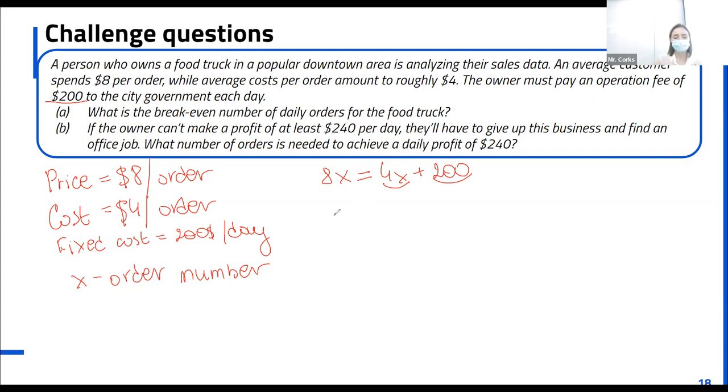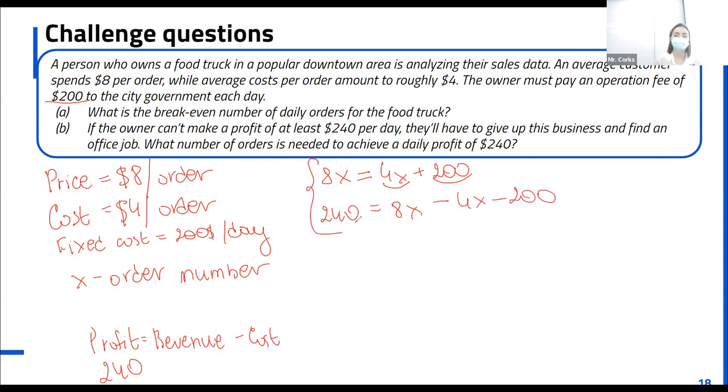So profit equals revenue minus costs. So the actual money you have after paying all your fees. So our profit should be 240. Let's see, 240 equals revenue, which is 8x, minus costs, which we have here.